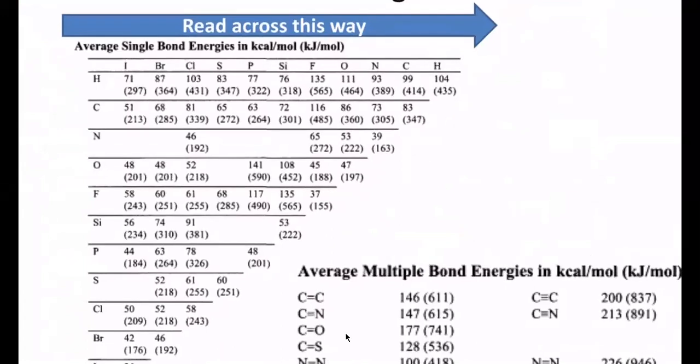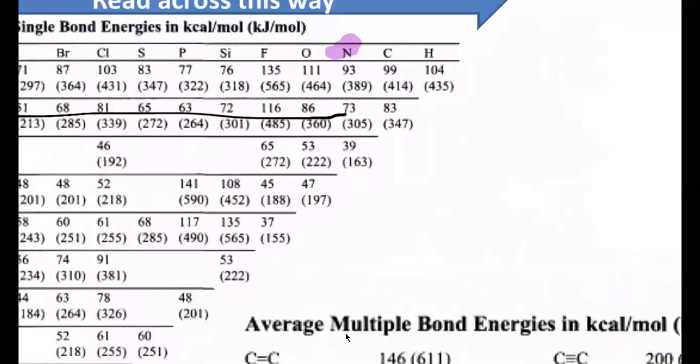So you read it across. If I want to find the energy it takes to break or make a CN bond, I find C and then I find N, and then I just go across to that number. So for a CN bond, it's either 305 kilojoules per mole or 73 kilocalories per mole.